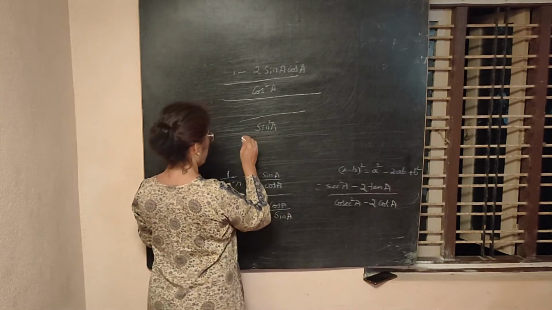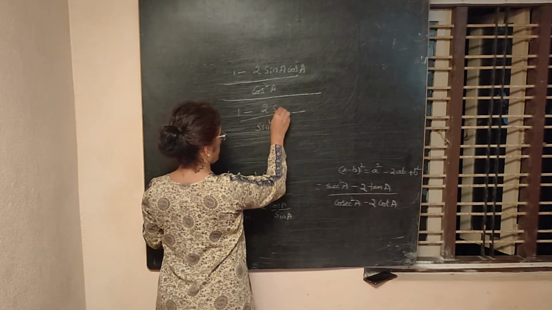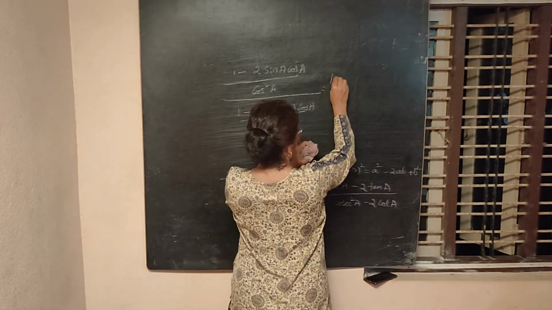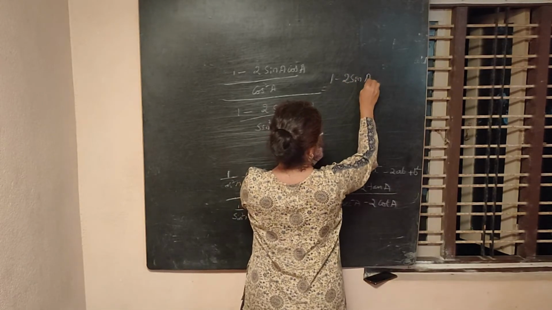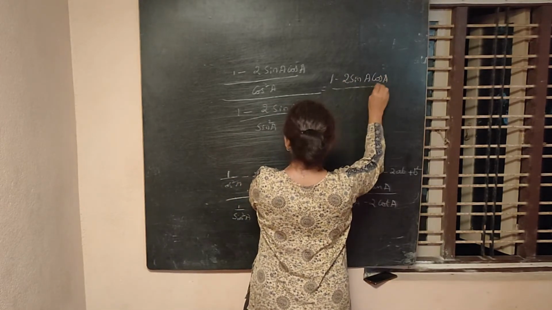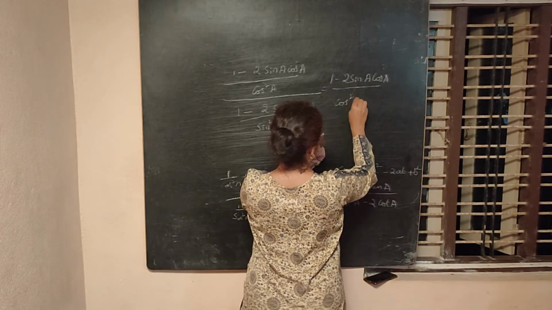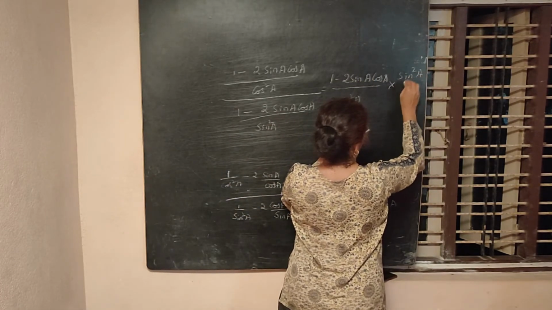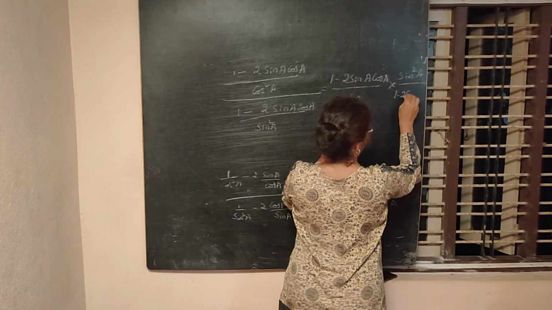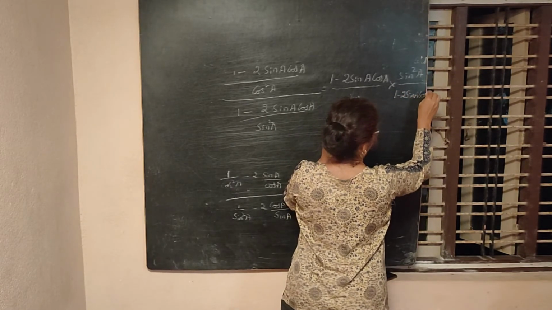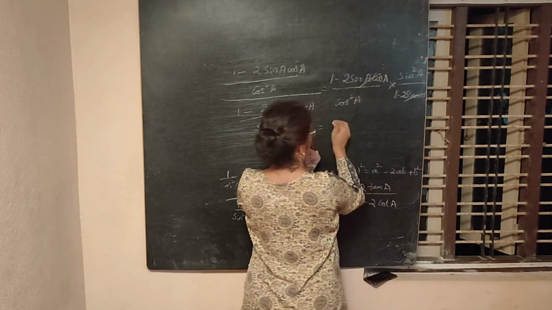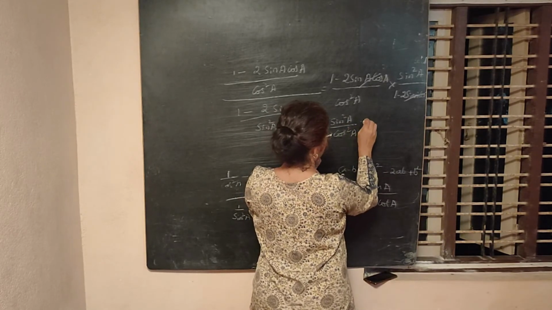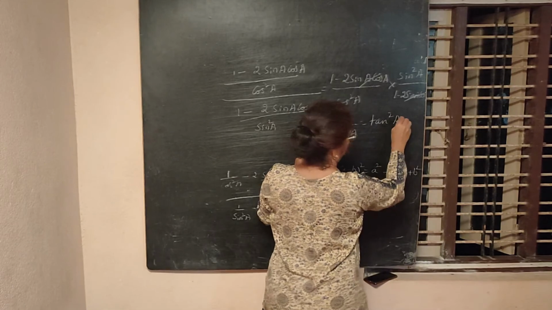Here you will get 1 minus 2 sin A cos A, divided by cos square A into sin square A goes up divided by 1 minus 2 sin A cos A. So this cancels. We get sin square A by cos square A, which is equal to tan square A. Both ways you got the answer as tan square A.